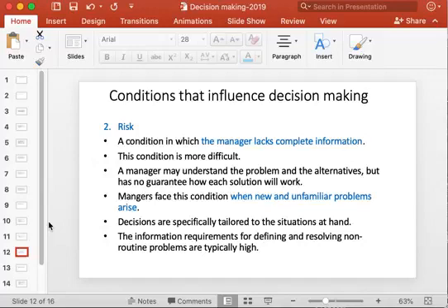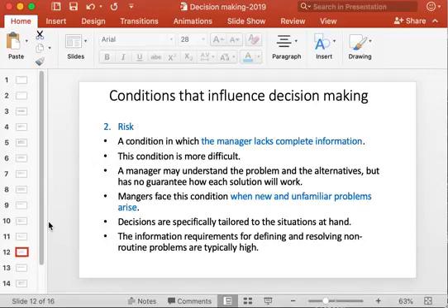So managers in this case face problems when new and unfamiliar problems arise, and decisions are specifically tailored to the situations at hand.